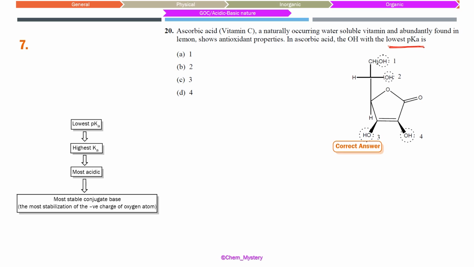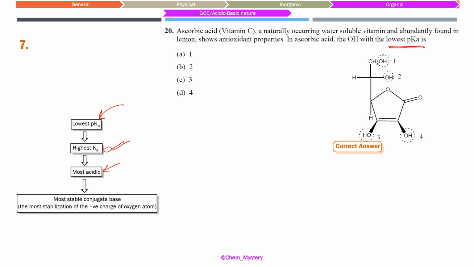The idea is, when we say lowest pKa value, we basically mean highest Ka value. And when we have highest Ka value, this compound is going to be most acidic. So which hydrogen is going to be most acidic?